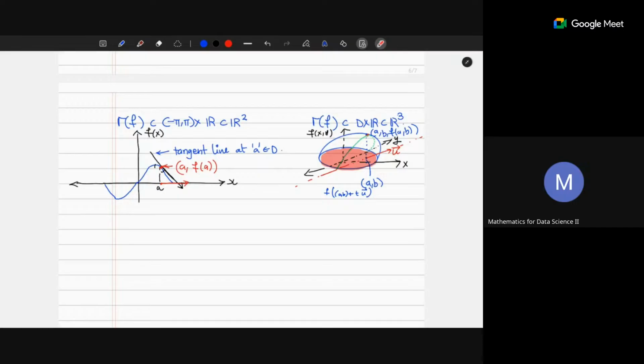Similarly, the same type of phenomenon occurs in the higher dimensional case as well. There can be points where the function value is the highest among some local neighborhood, and points where it is lowest in some local neighborhood. By local neighborhood, I mean some ball near that point.